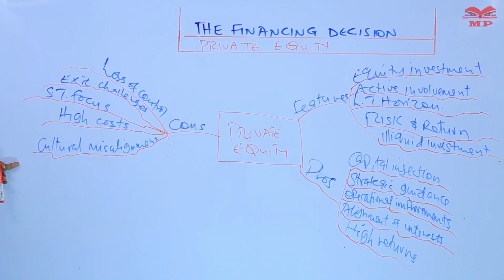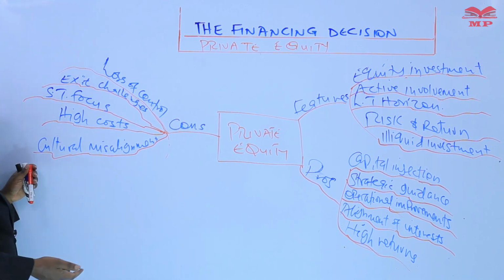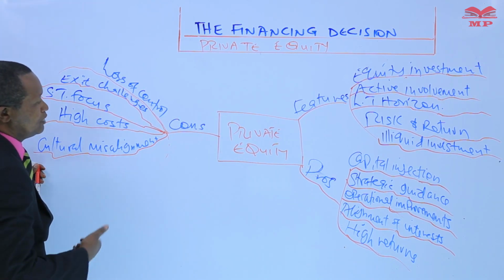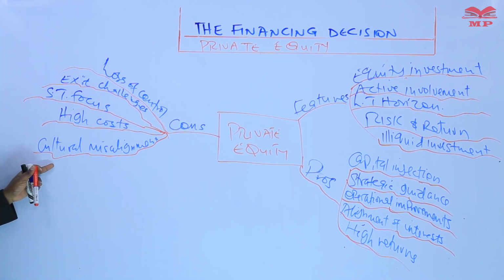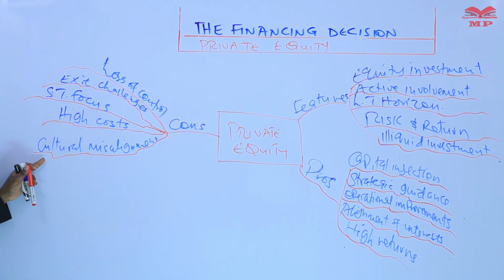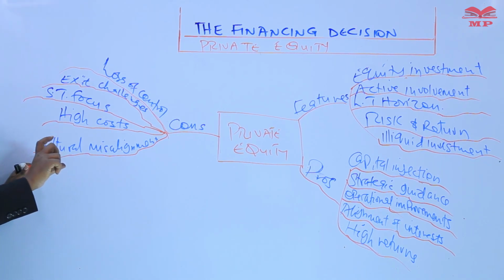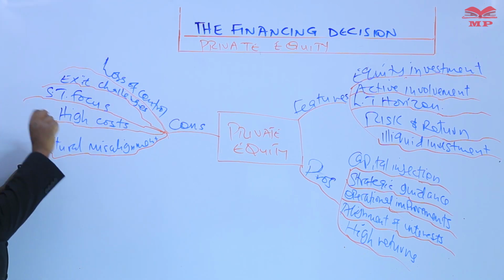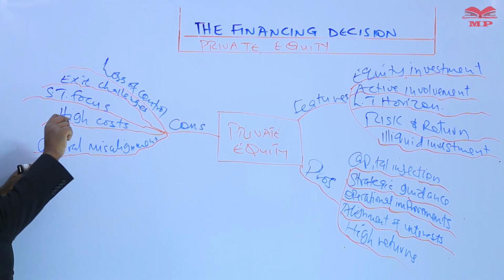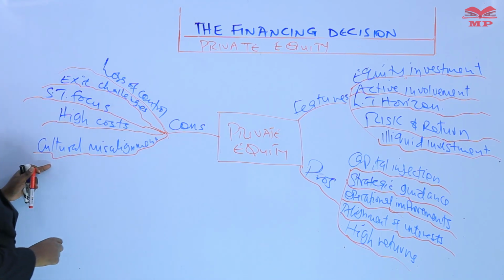These are simply differences in corporate culture and management style between the private equity investors and the existing management team, which may lead to conflicts and challenges in implementing company policies. These are differences in culture and management styles between the founders and the private equity investors.